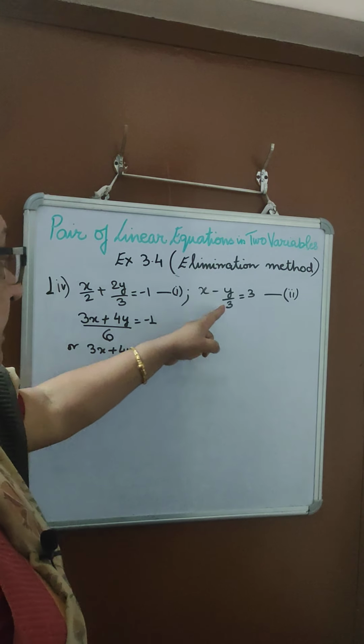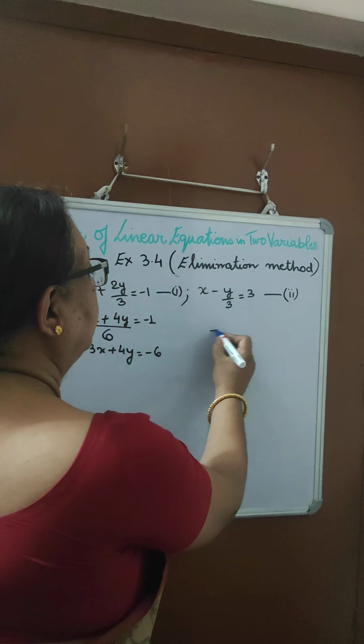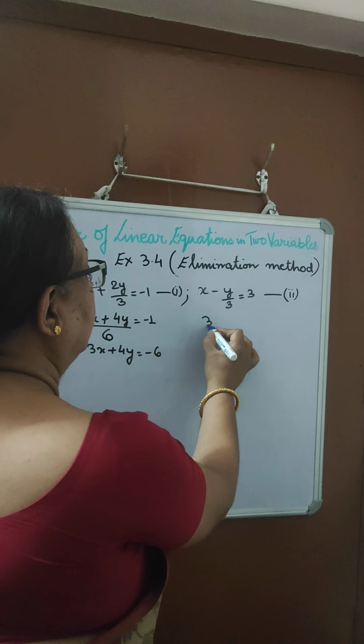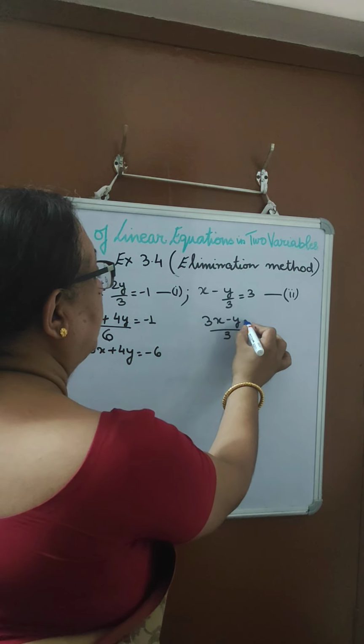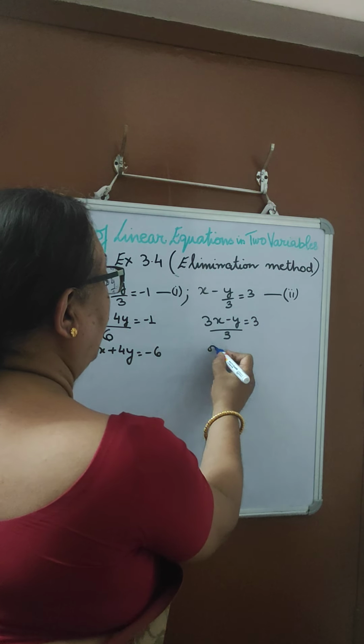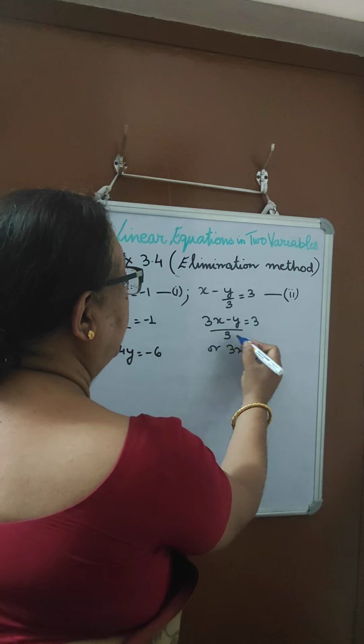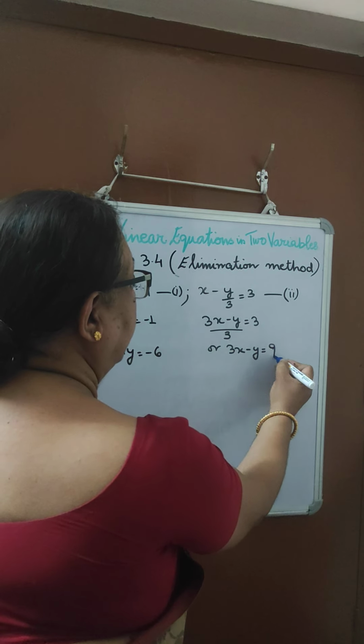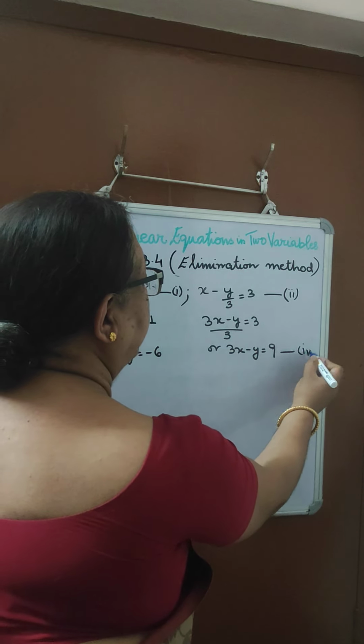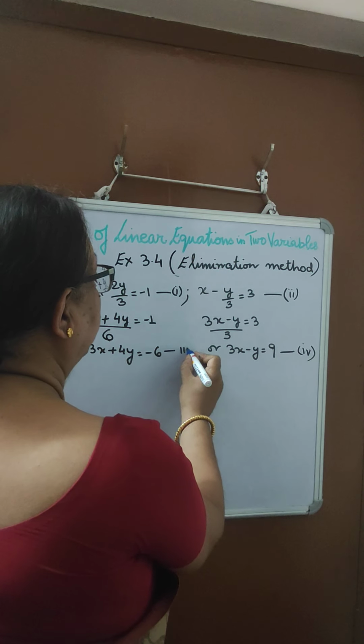Similarly, we change this equation. 3x minus y equal to 3, or 3x minus y equal to 3 into 3, 9. You can put this equation number 4 and this one equation number 3.